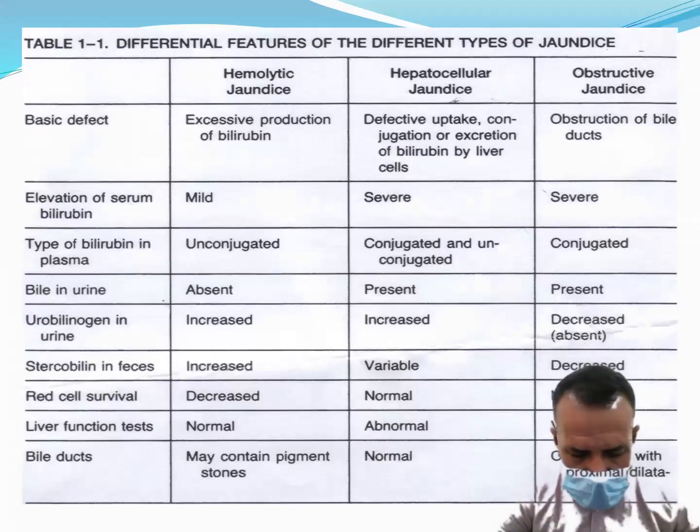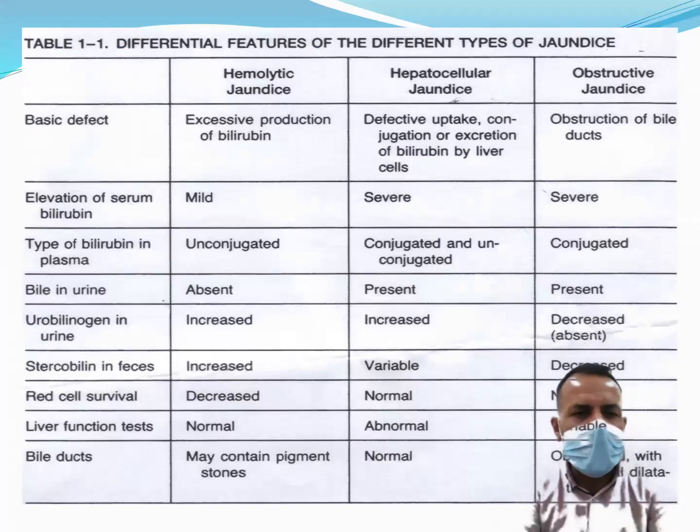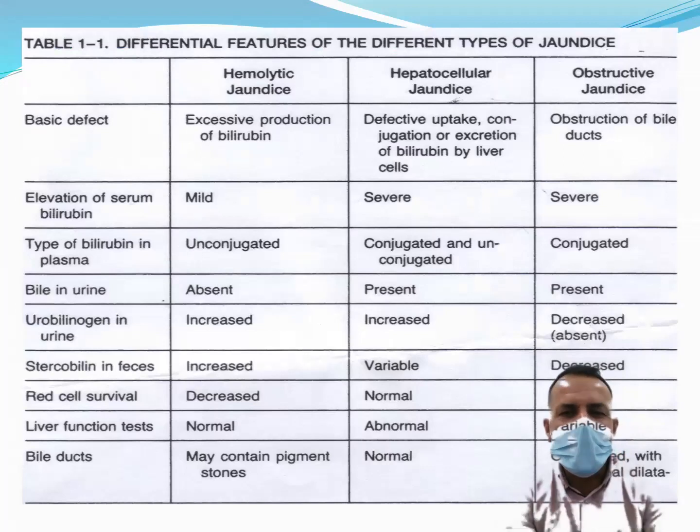All the talk above can be summarized in this table. This table shows the differentiation between hemolytic jaundice, hepatocellular jaundice, and obstructive jaundice regarding the basic defect and elevation of serum bilirubin: mild in hemolytic jaundice, severe in both hepatocellular and obstructive jaundice.